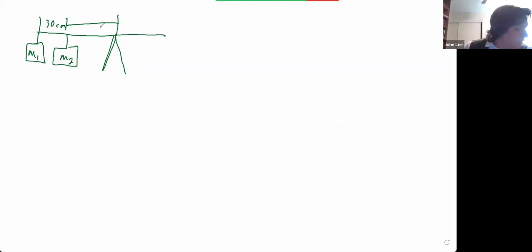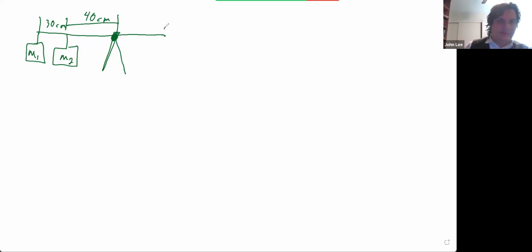So you have weights on one side, M1, M2, with 30 centimeters between them, 40 centimeters between weight 2 and the pivot. It's being held here, and it's in equilibrium, so it's not moving, so it's just resting on top of it.